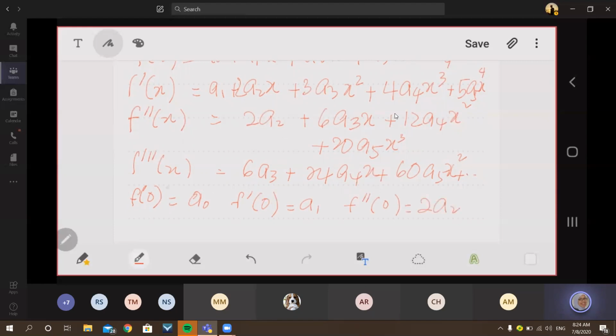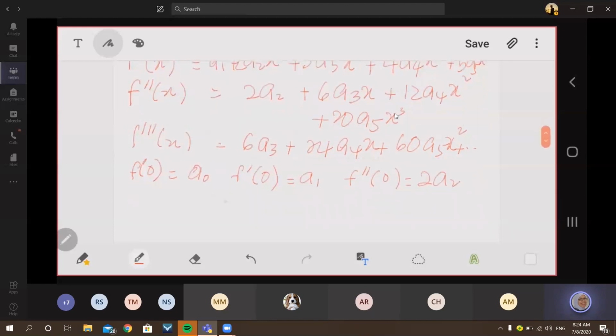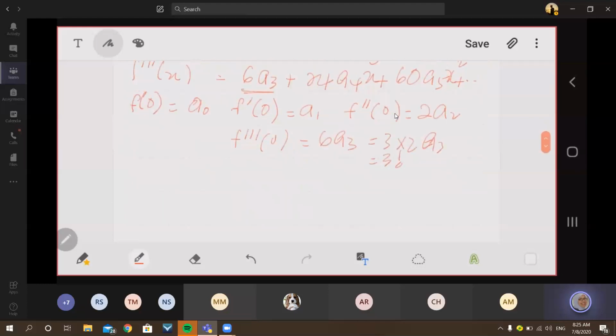And then if we take f triple prime of 0, we get 6a3. That 6 is equal to 3 times 2, so 3 times 2 times a3 is actually 3 factorial times a3.